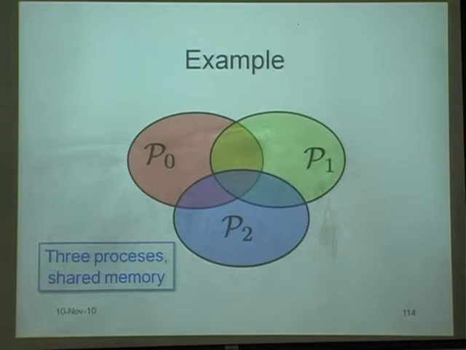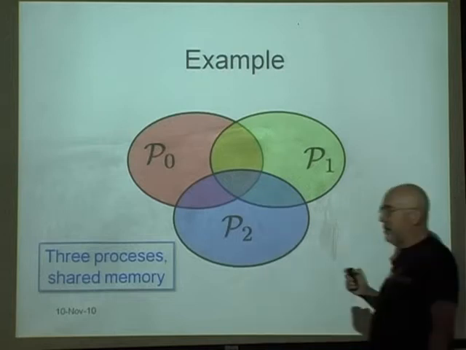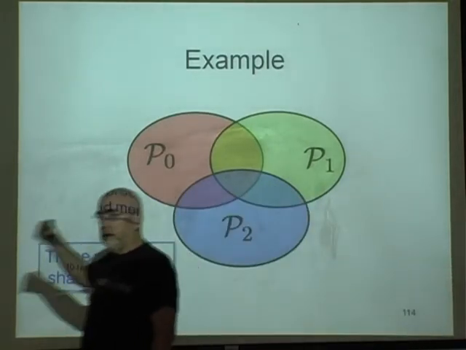So here's an example of what we're thinking about. Here we have 3 processes, and they're executing in shared memory, and we're in a particular state. This is the reachable complex if 0 takes the next step. This is the reachable complex if 1 takes the next step, and this is the reachable complex if 2 takes the next step. This is an asynchronous model, so it makes sense to say that they take steps 1 at a time.